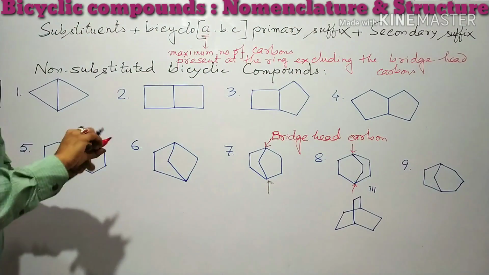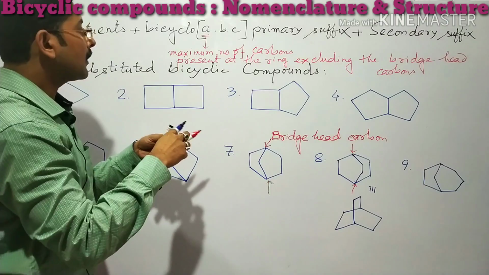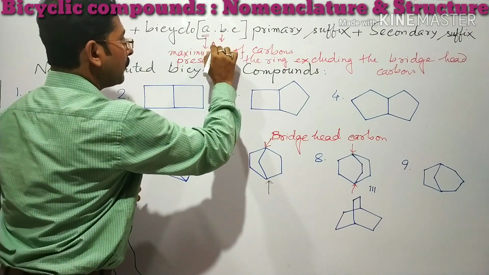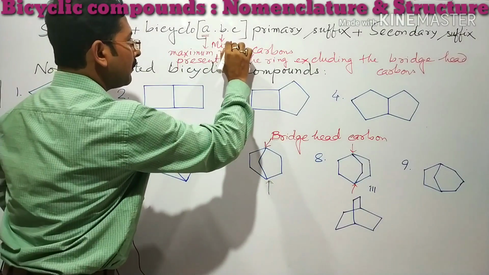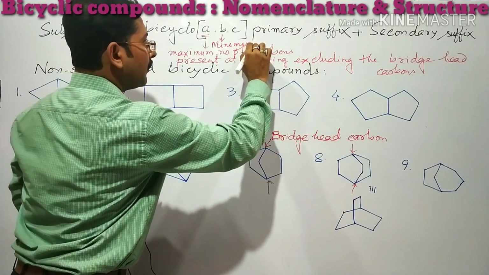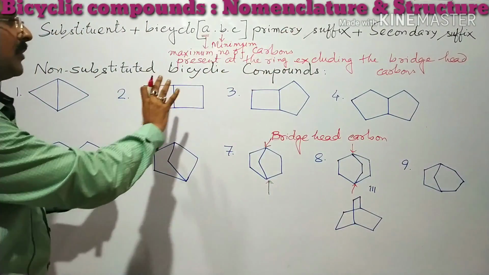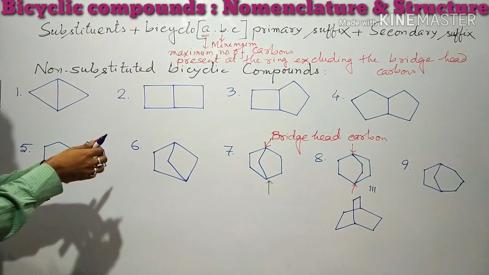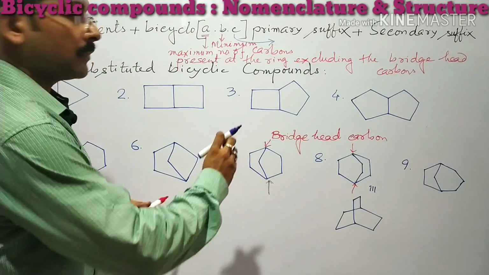Okay. Now what is B? B is the minimum number of carbons present at the ring, excluding the bridgehead carbons. And what is C?